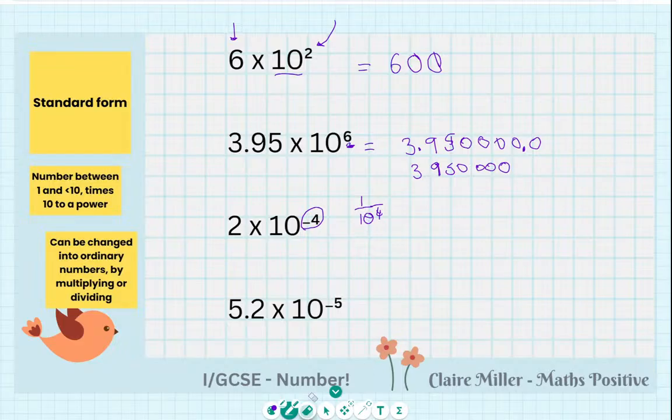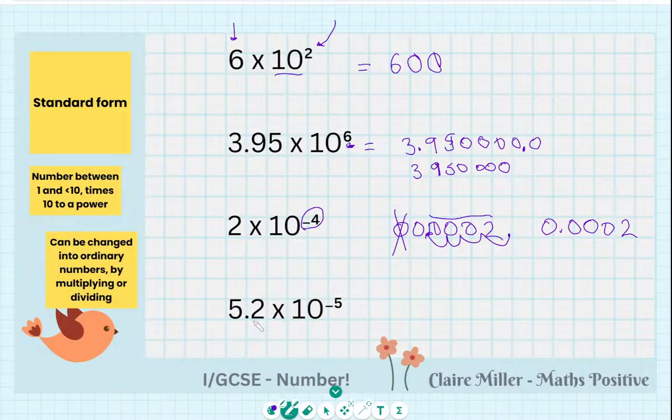So for the 2, remember, you can use the trick of putting some zeros in front of your 2. The decimal point starts here. We need to divide it by 10 4 times because it's a minus 4. 1, 2, 3, 4. The decimal point's going to end up here. Then we can get rid of any zeros on the front. The important bit is the number of zeros here. So it's going to be 0.0002.